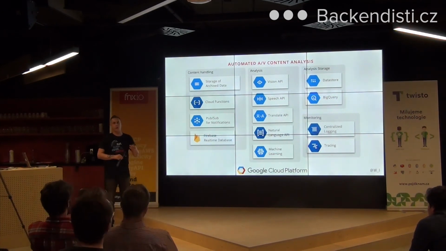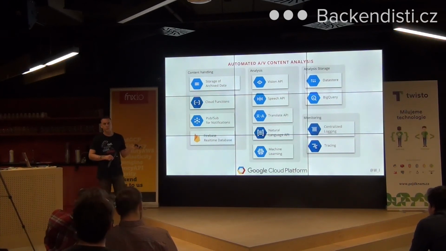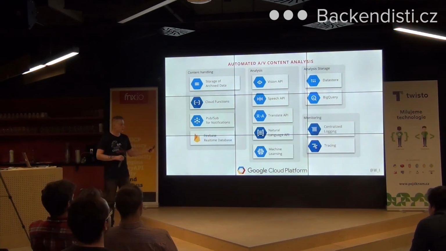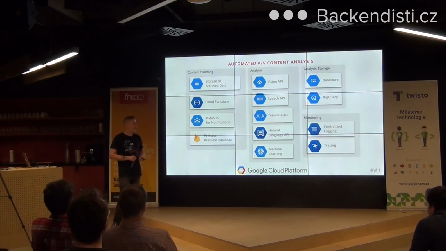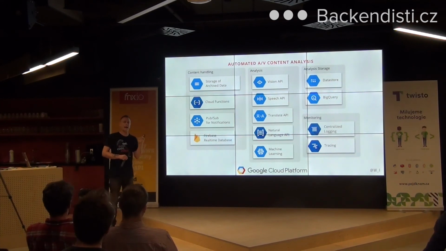For example, most of our content for one particular case is in Finnish. And the natural language API currently supports only English. So we use the Translate API to get the English version of all the data, and then run it through. I must say, of course, the quality is not 100%. How could it be? But it doesn't really matter because we get enough information, and that's the key point. Because previously, we didn't know anything.